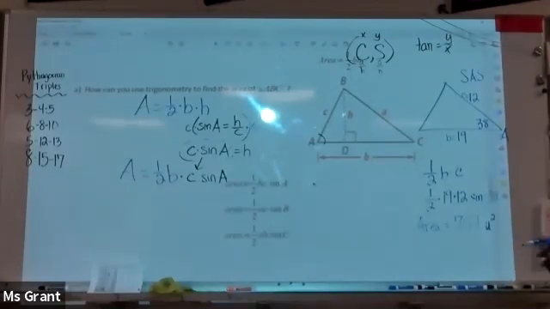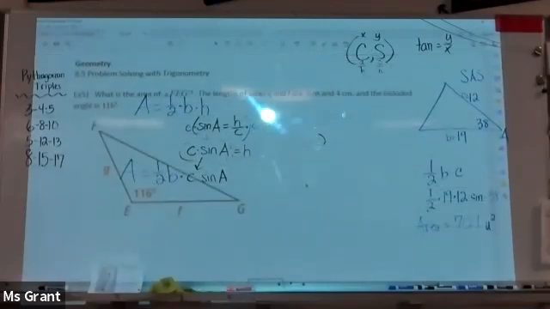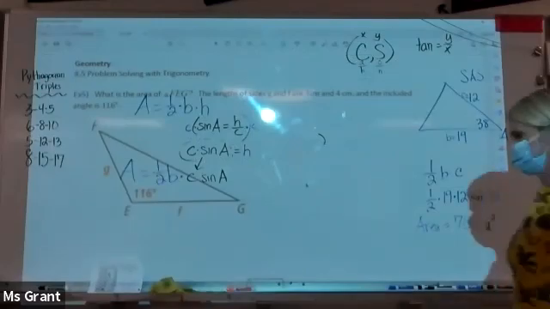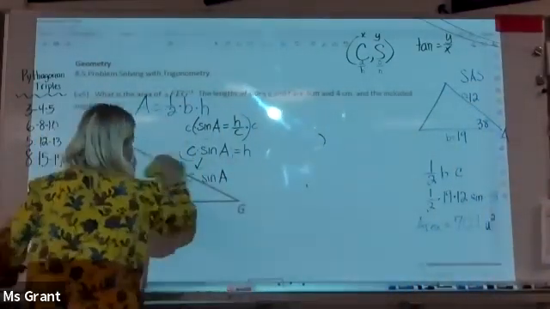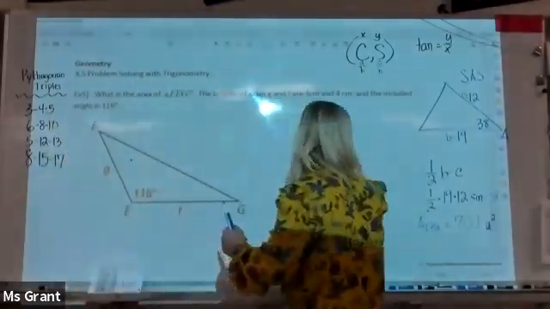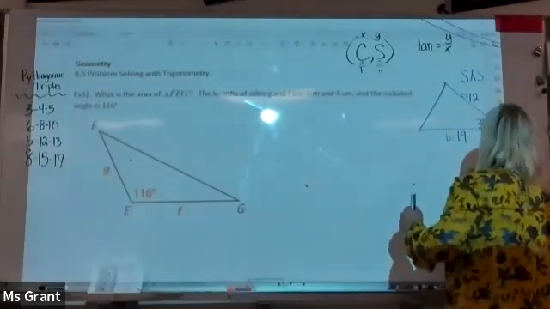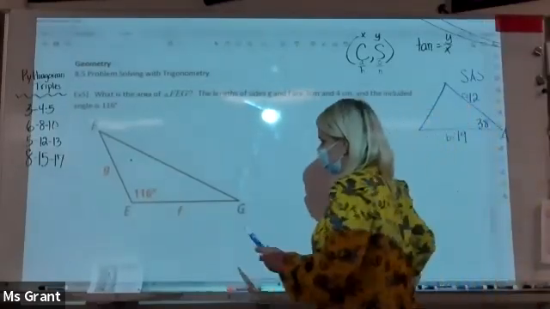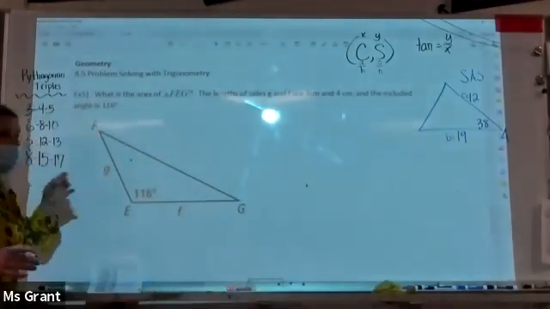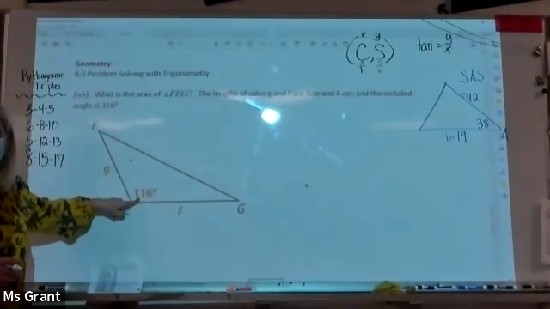Now I'm going to do another one. It's on the next page. Here it is. All right. 1/2 side times side and then sine of the angle.